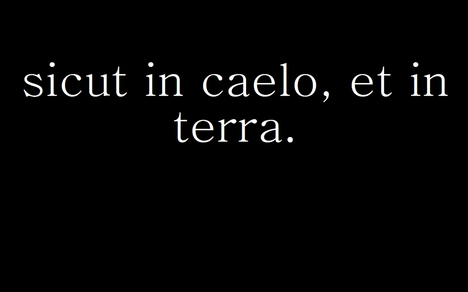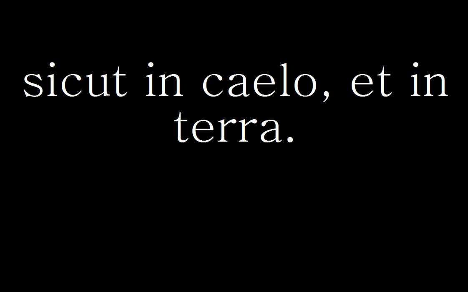Fiat voluntas tua, fiat voluntas tua. Sicut in caelo, sicut in caelo, a long O on caelo. So because we have two long sounds, the sound of the word is very different. Caelo, sicut in caelo, et in terra, et in terra, with a long A on terra.